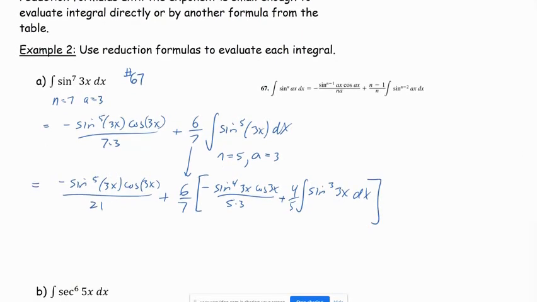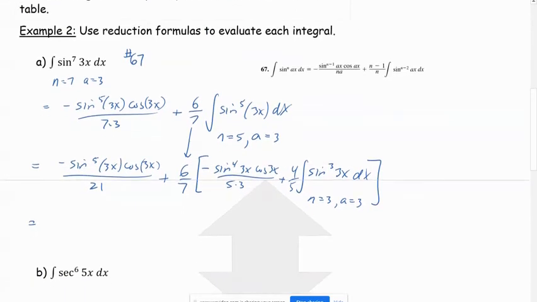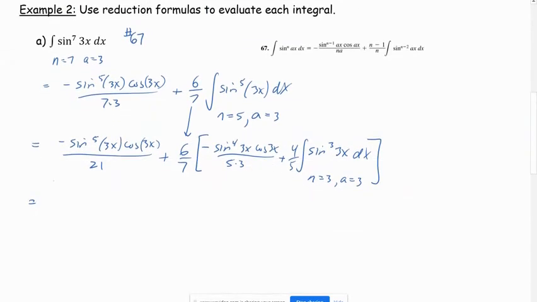Okay, and now we can simplify this using n equals 3, a equals 3. And so as you can see, we just keep applying the same formula over and over until we have an integral that we can evaluate by hand.